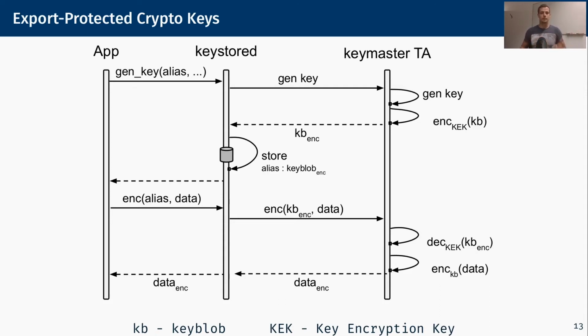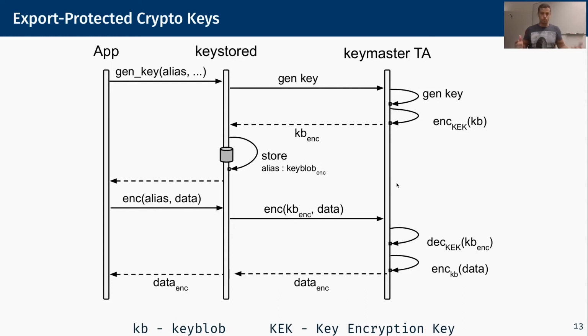And if the application comes back and now wants to perform, let's say, an encryption operation, the keystore daemon uses the encrypted key blob, the data and the operation, and sends it over to the keymaster trusted application. And of course, the keymaster trusted application needs to use its key encryption key again to decrypt the key blob and have the key material ready to use it to perform the requested cryptographic operation.